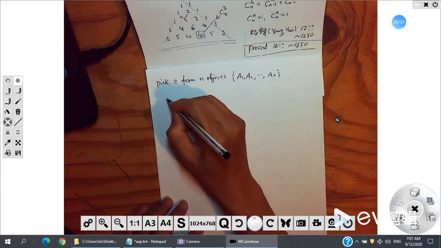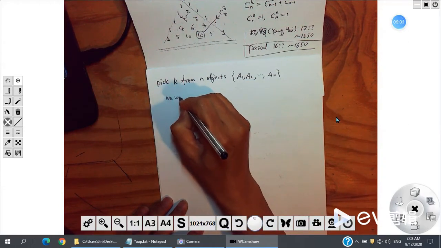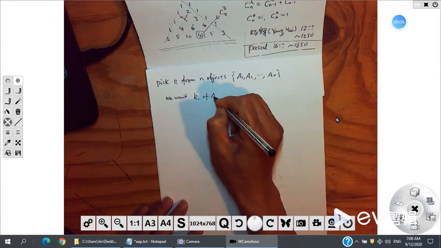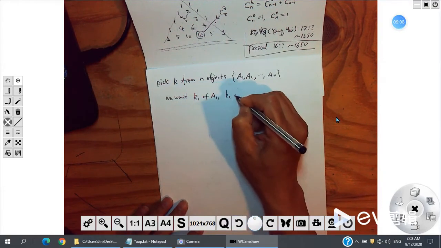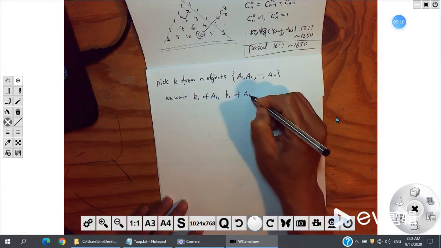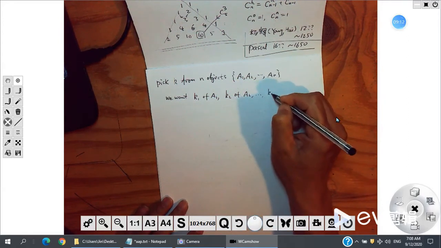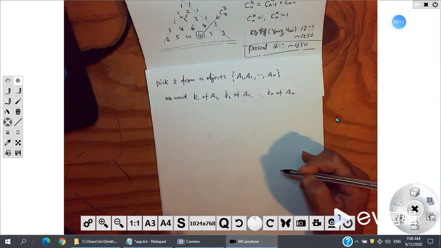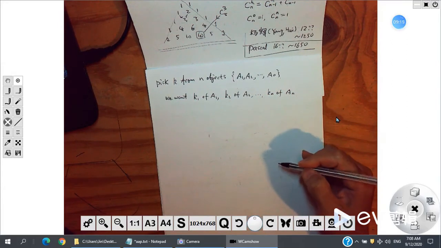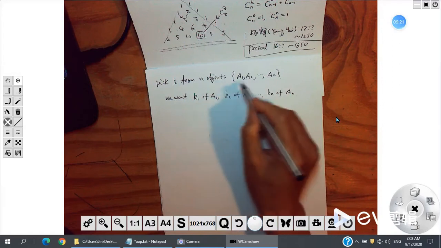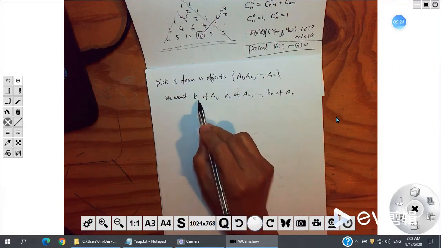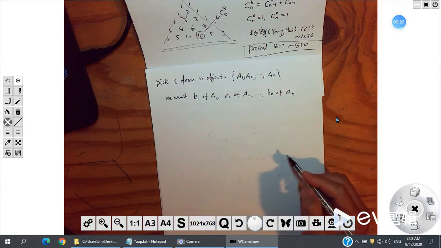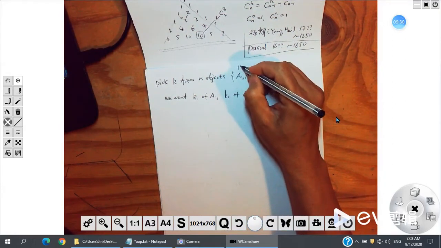We want k1 of A1, k2 of A2, until kn of An. We pick n objects from these: k1 of A1, k2 of A2, kn of An. Of course, here it's without replacement.